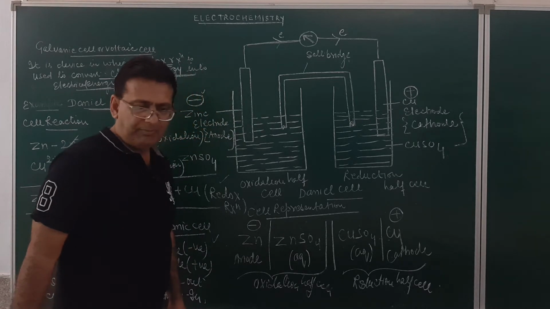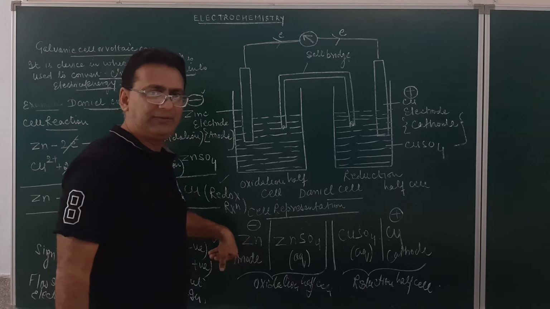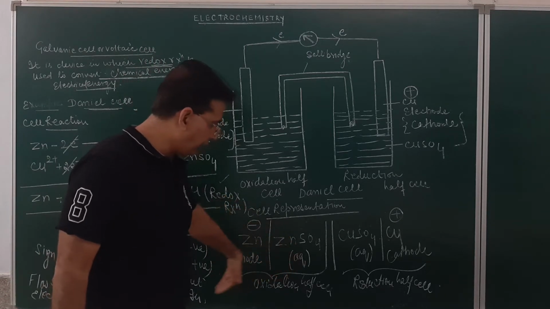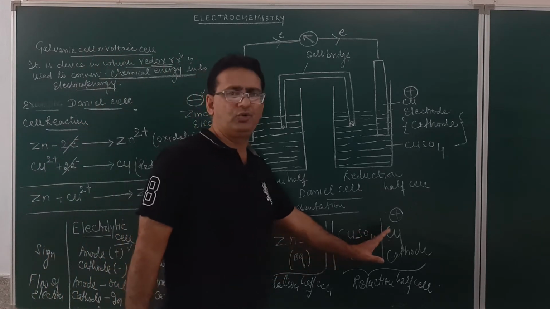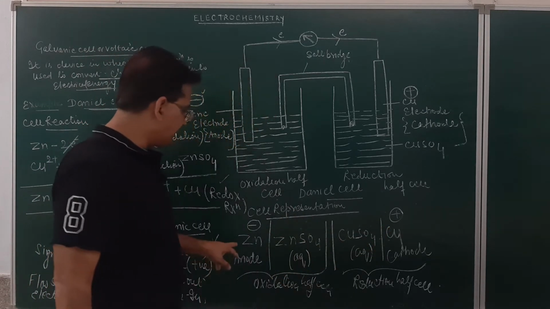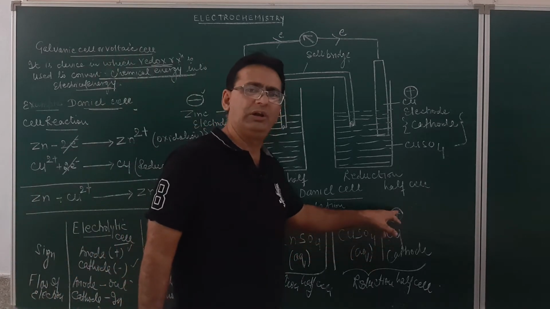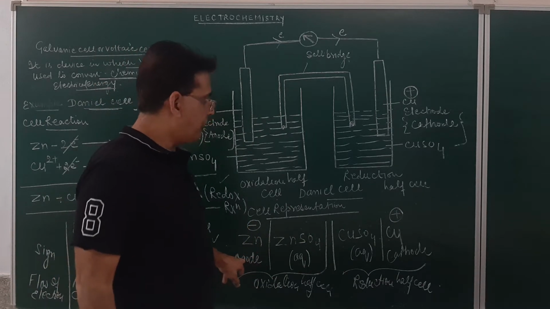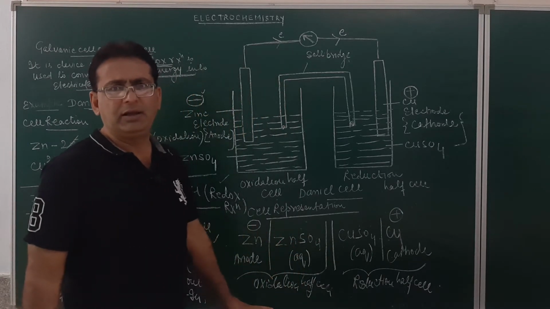In this representation of a cell, the zinc anode is written toward the left hand side, I mean to say dipped in the zinc sulfate solution. So, the oxidation half cell is always written toward the left and the reduction half cell is always written towards the right. The sign convention of the anode is negative, whereas the sign convention of the cathode is a positive electrode. So, zinc is a negative electrode, whereas the copper electrode will be a positive electrode. Am I clear, students?